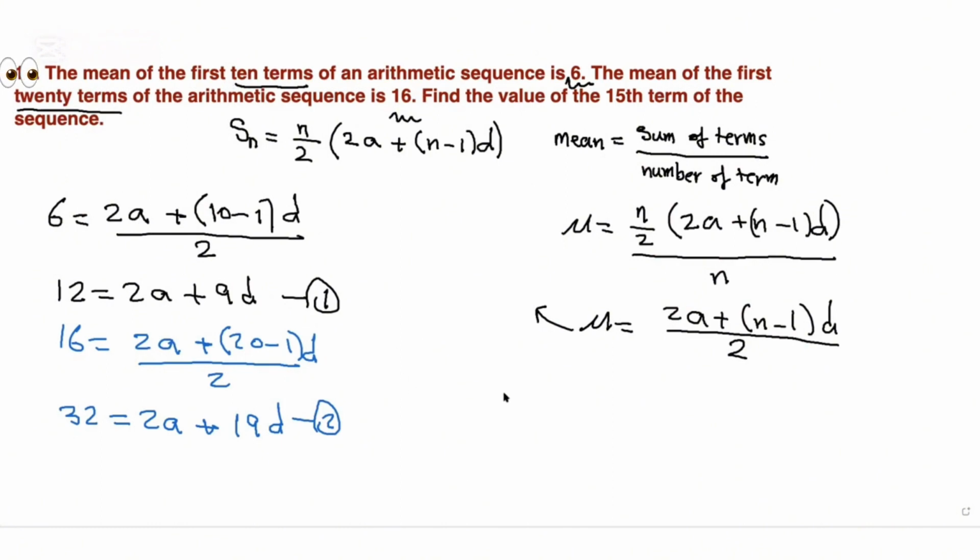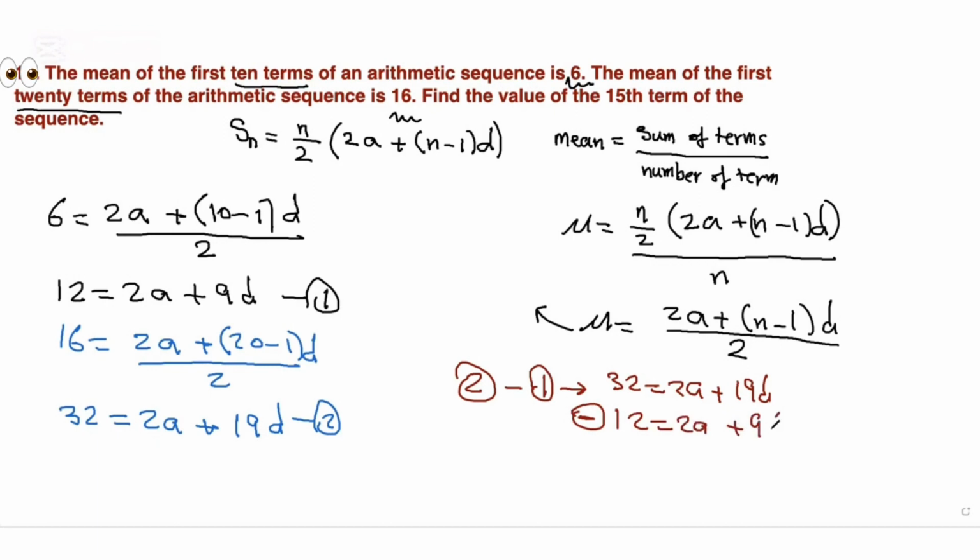Now we'll go equation number 2 minus equation number 1. Equation 2 is 32 equals 2a plus 19d, take away equation 1, 12 equals 2a plus 9d.